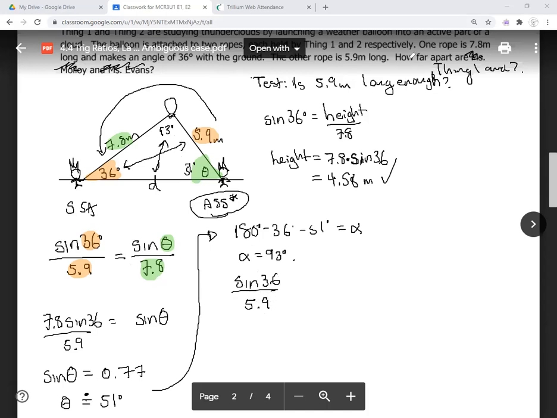And I'll highlight that in orange, just so you know I'm doing it once again. But this time, that ratio is going to equal sine of my alpha, 93, divided by the distance I am curious of. Ooh, this time the distance is on the denominator.